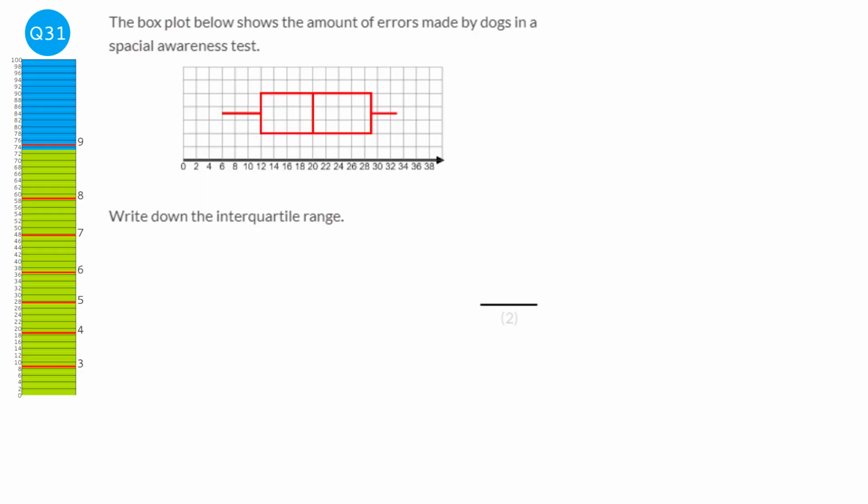To find the interquartile range, we need to remember a simple formula, and that is that interquartile range is the upper quartile, take away the lower quartile. How do we find the upper quartile from a box plot? Simple, that is the bit here, which is 29. How do we find the lower quartile?